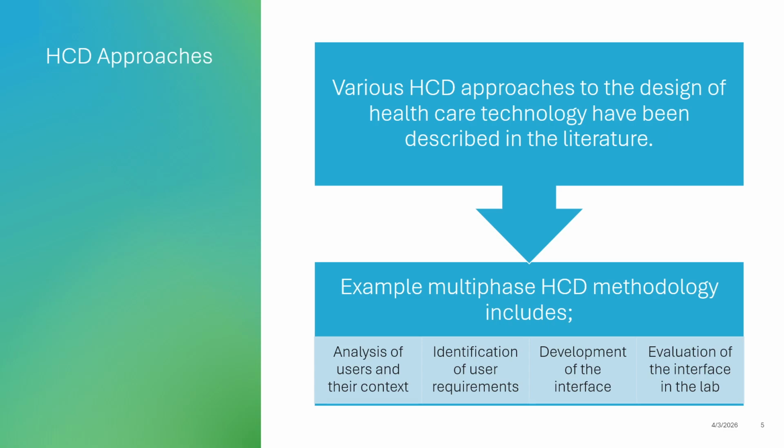One really well known, especially one that was born for designing electronic health records, is called TURF. T stands for task analysis, and basically is what the people do. We need to understand the things that people do. Then we have the U, that is the user, and who is that individual.